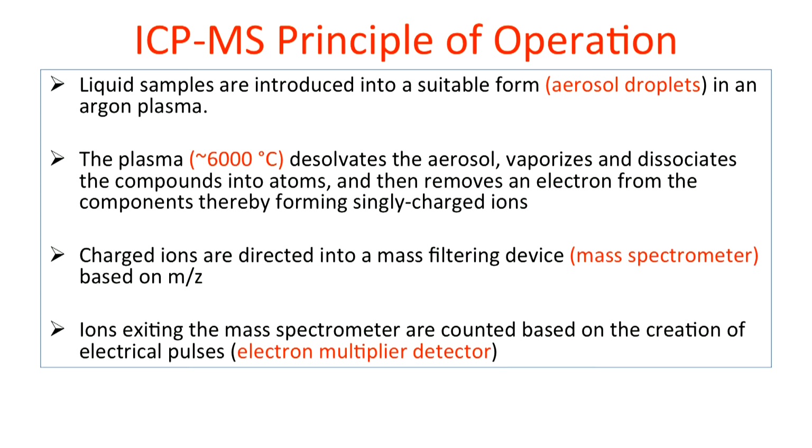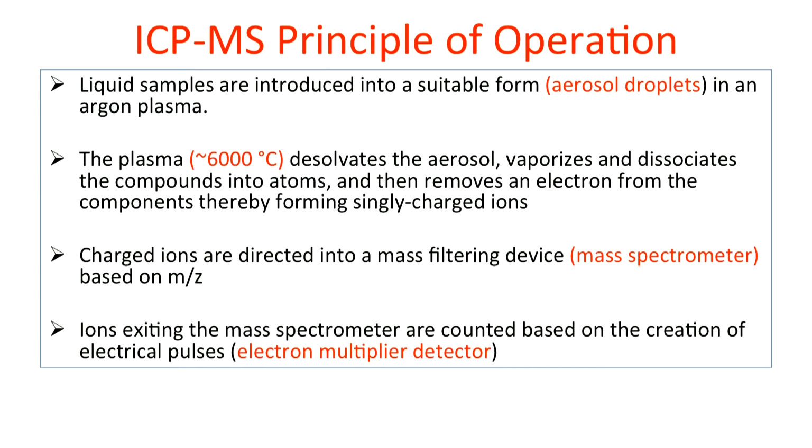Then it dissociates your compounds into atoms and then removes an electron from the components, thereby forming singly charged ions. So the main difference between AES and ICPMS is that with AES, the flame temperature for the wide burner is around 1,200 degrees Celsius, and at that temperature more gaseous atoms are produced than ions.